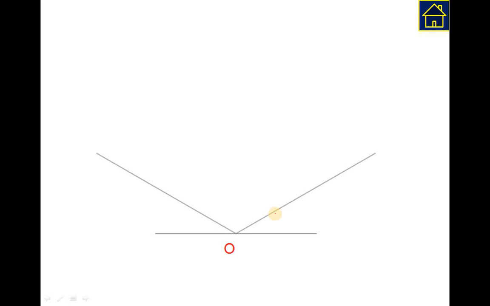Before drawing the isometric box, we need to draw a reference line here. You will mark a small point for the origin, and then from the origin on either side you make a 30-degree inclination. So this is 30 degrees here, and this is also 30 degrees.